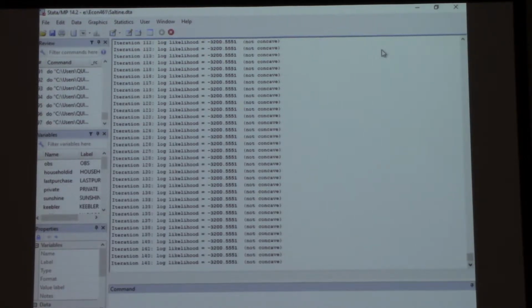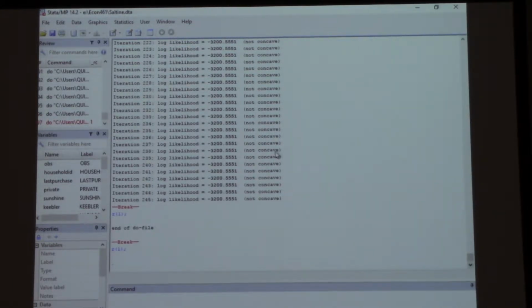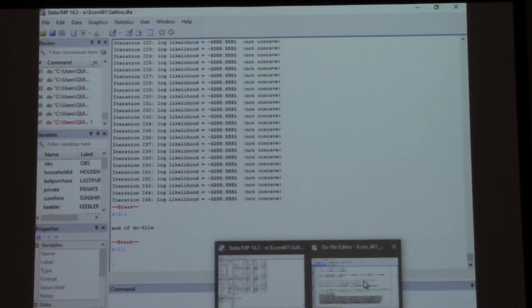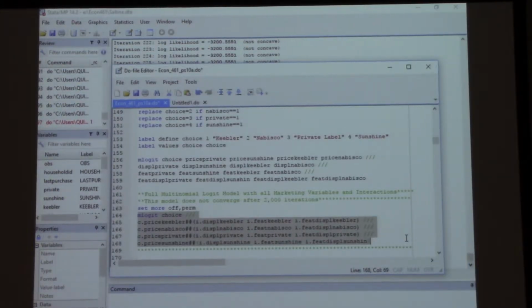And eventually, it'll just say unable to converge. I stopped it at 5,000 iterations. Sometimes you can't, so we can't run those interactions. That's fine.